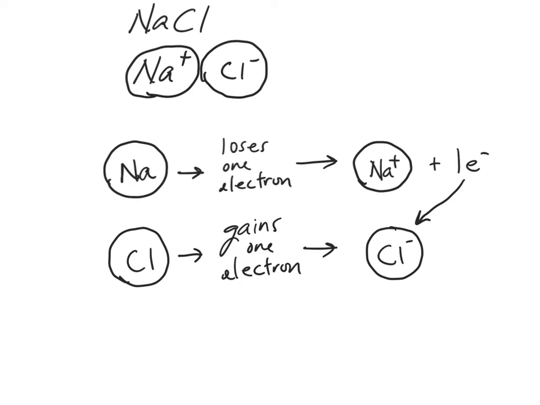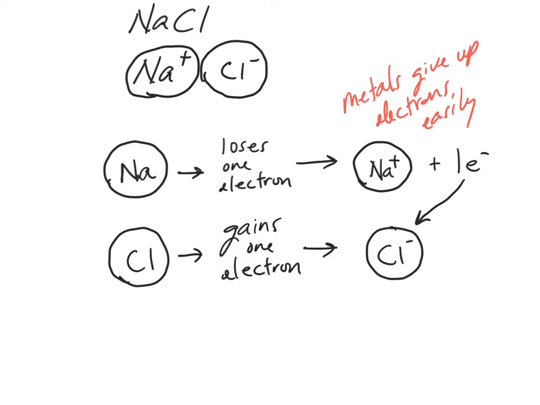All right, so this is really how an ionic compound is formed. An electron is lost completely, let's say by a metal atom, and then that electron is gained completely by this other non-metal atom to become an anion, a negative ion.